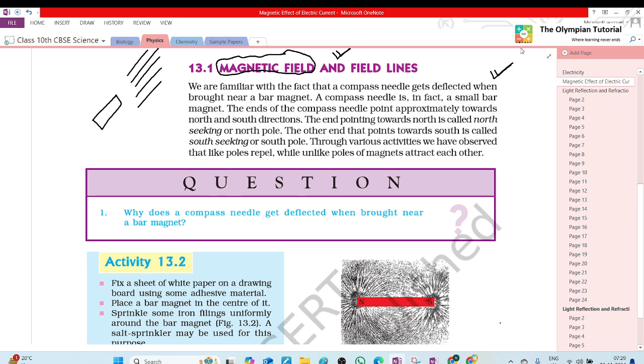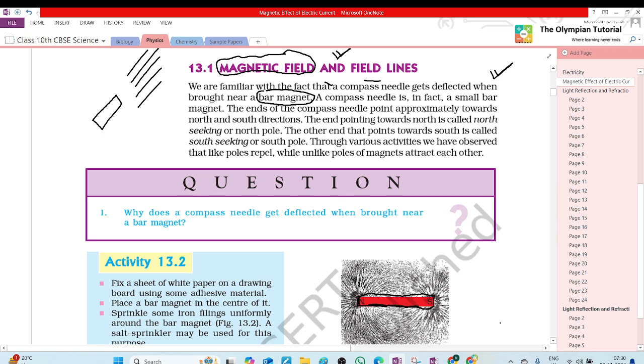So here we are studying the topic magnetic field and field lines. We are familiar that the compass needle gets deflected when brought near a bar magnet. Can you tell me the meaning of the word bar magnet? Bar means, you can see here, rectangular in shape.